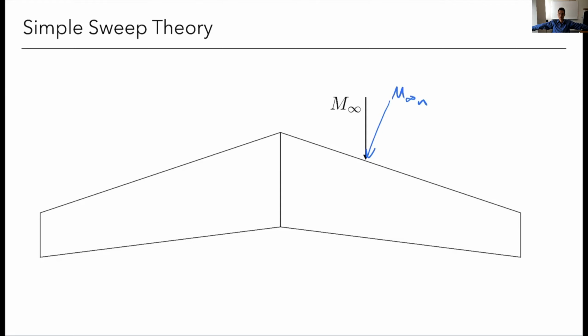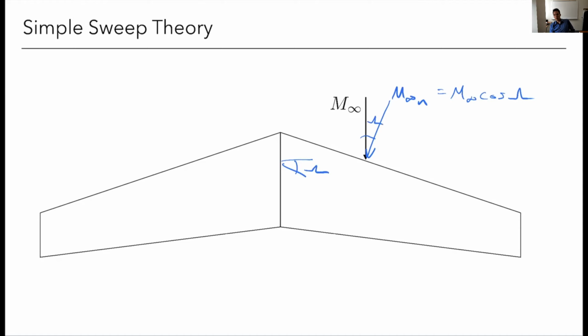But as I sweep, the Mach number that matters is the one perpendicular to the sweep angle, and that's equal to my free stream Mach number times the cosine of the sweep angle.